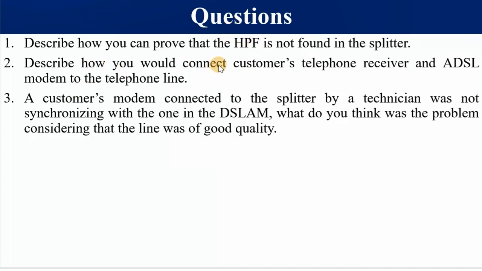Describe how you would connect a customer's telephone receiver and ADSL modem to the telephone line. Please take note that you must have an RJ11. Your line must terminate on an RJ11 socket, and you must have an RJ11 cable from the socket to the ADSL splitter.